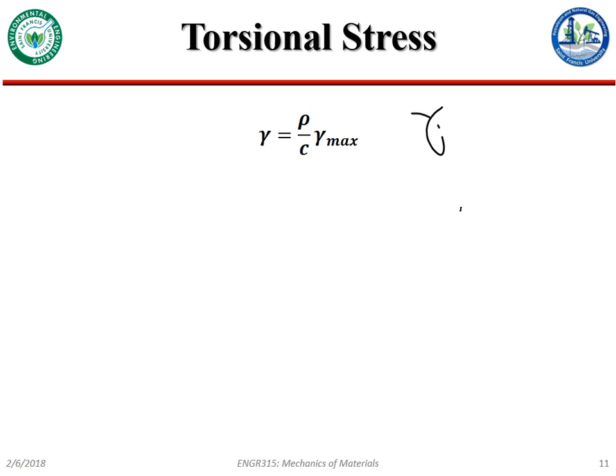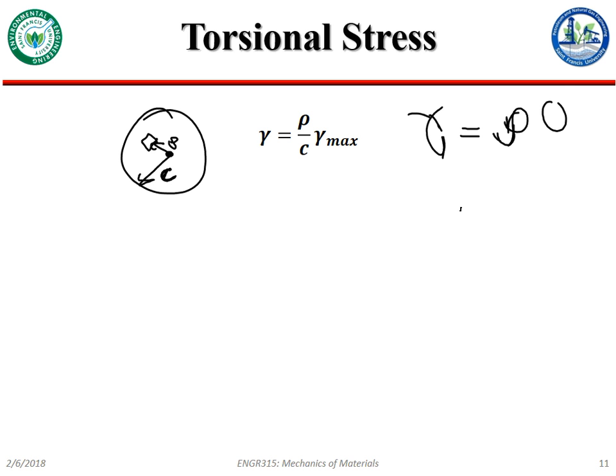So if I have, here we go, rho would be some radius inside. If I had a circle, rho would be to some element here. c would be my radius.